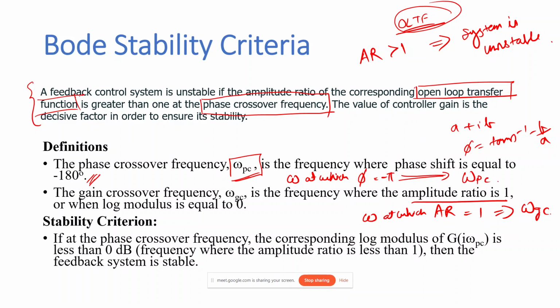So yes, the stability criteria states that at the phase crossover frequency, the amplitude ratio should be less than 1 for a stable system. That is what the Bode stability criteria states.